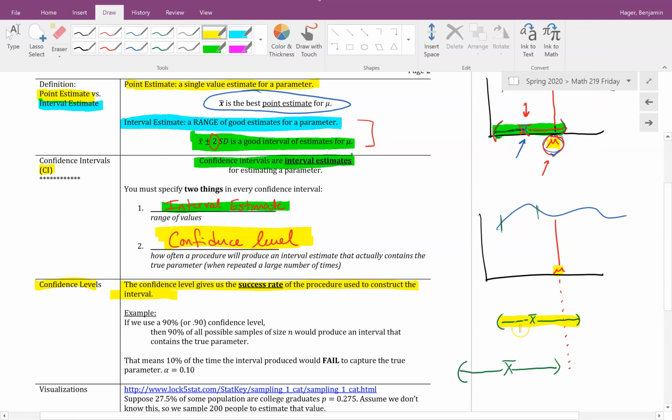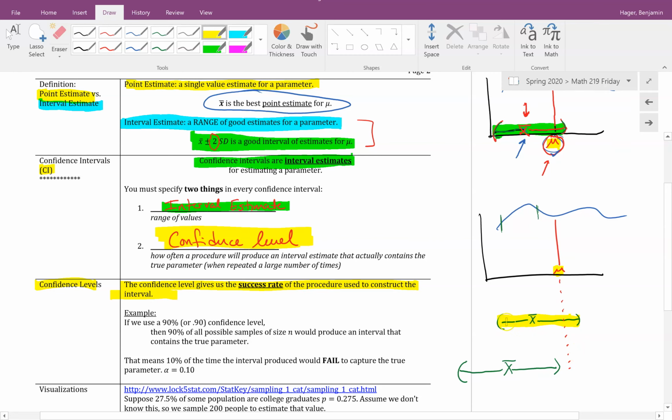Your confidence interval will not always capture the true population parameter, but a lot of times it will. And that's what the confidence level is. It's the success rate. It's how many times it happened. So if you've got a 90% confidence level, what that means is that if you were to do this thing that I just did 100 times, 90 of those times we would capture it. 10 of those times you would miss.